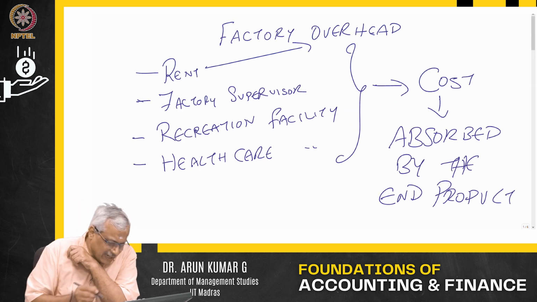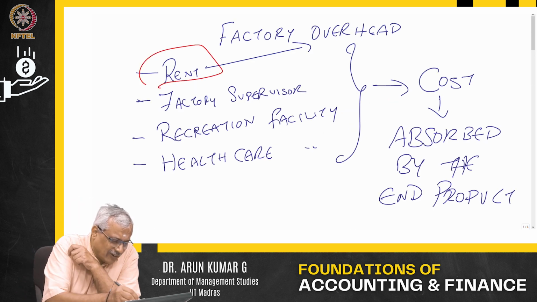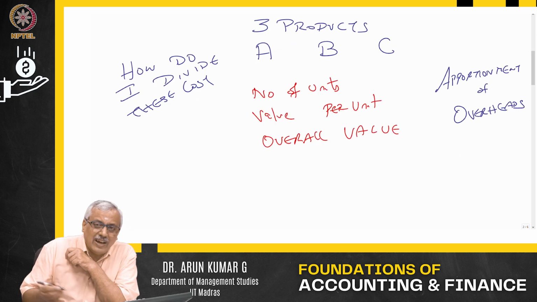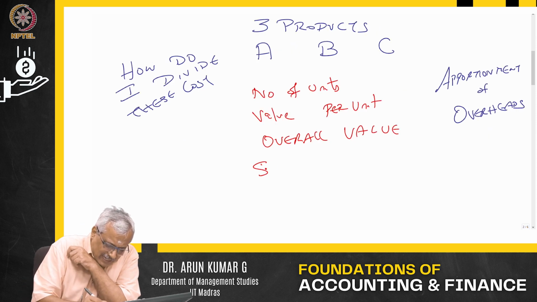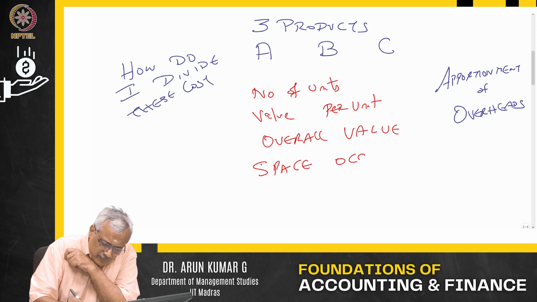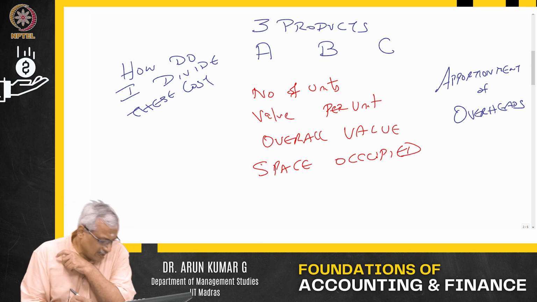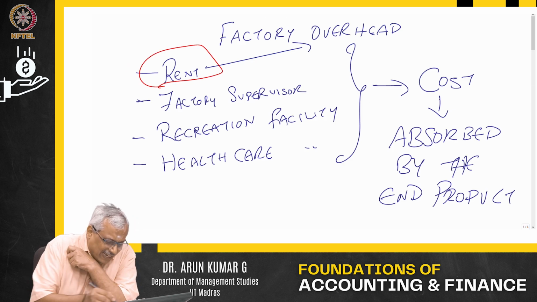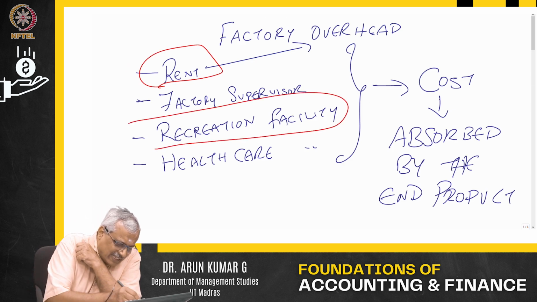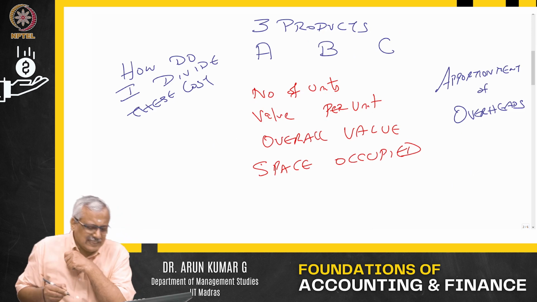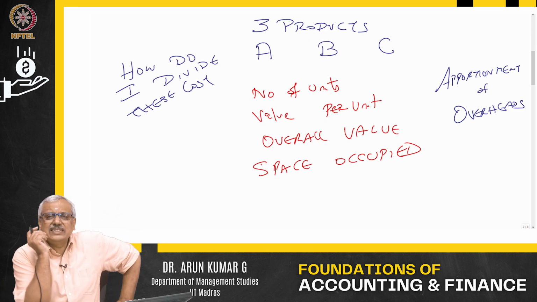In this particular case, if I say rent, why should it be value? Why can't it be as per the space occupied by each of the products? Rent is easy, I could do it. But for the recreational facility, what do I do?